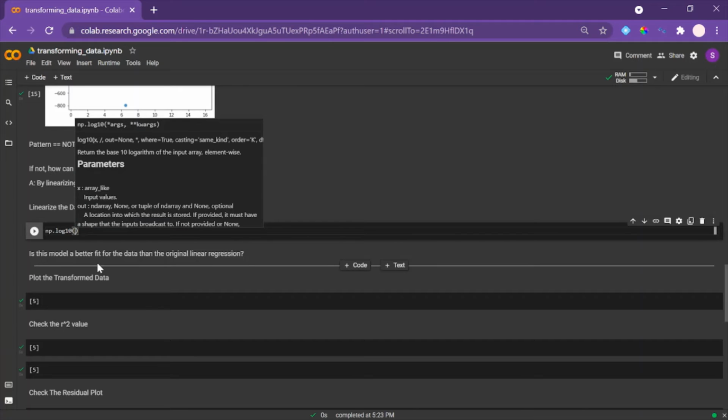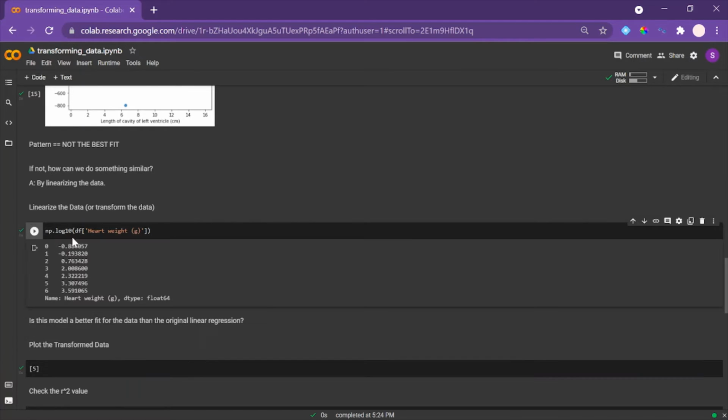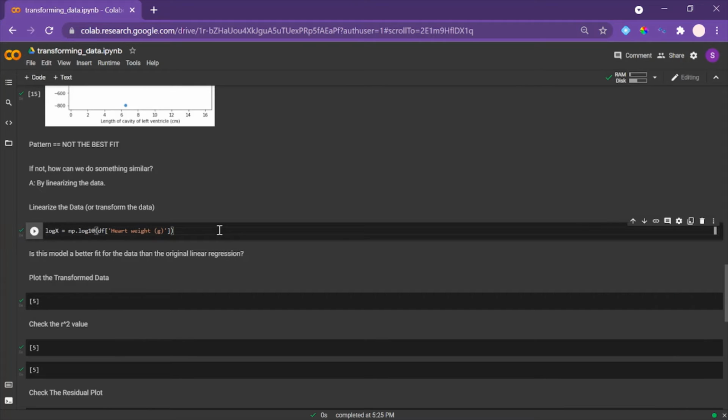And all we're going to do is take the data frame of the heart rate, run that, and set that equal to, let's call it log x. So what does this mean? This means that we are taking the log of x, right?